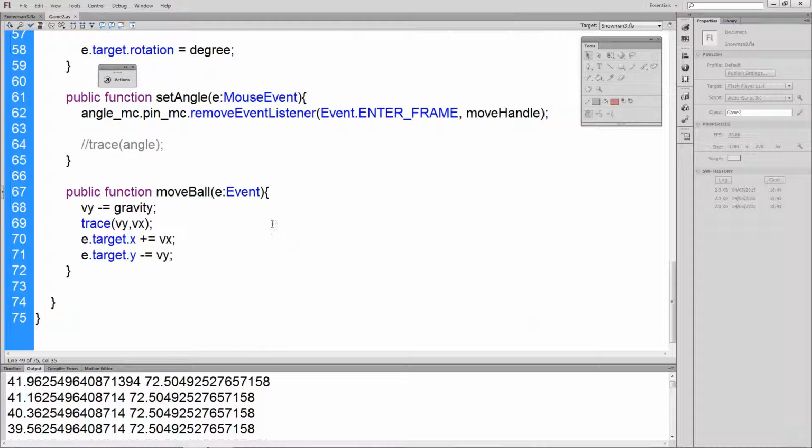So what we need to do then is to make sure that it only moves if it's higher than a specific point.